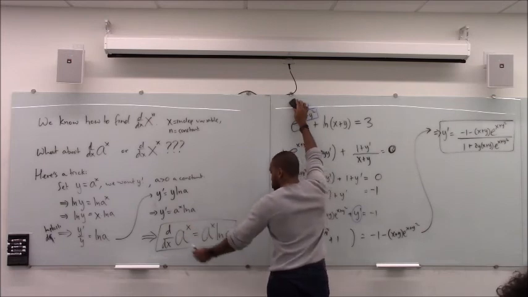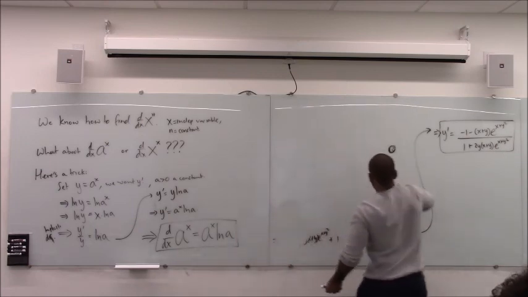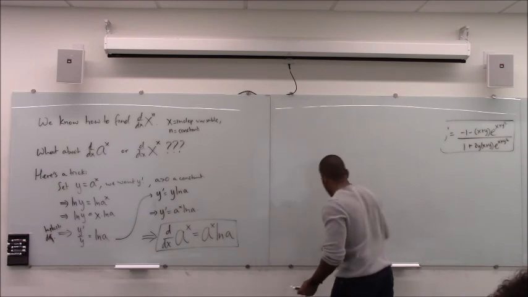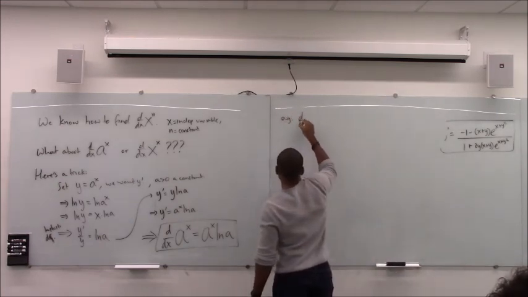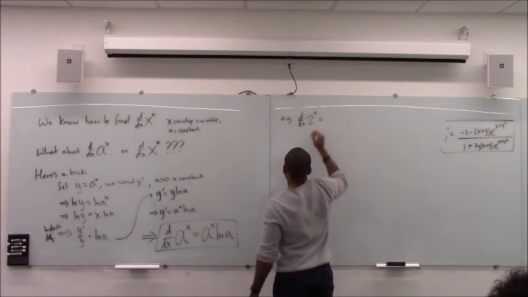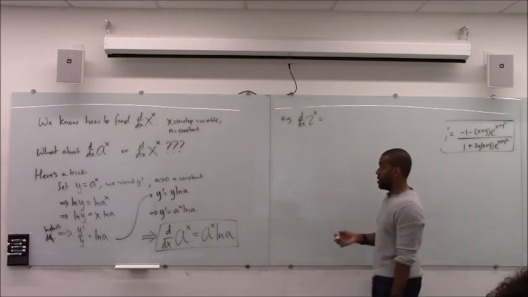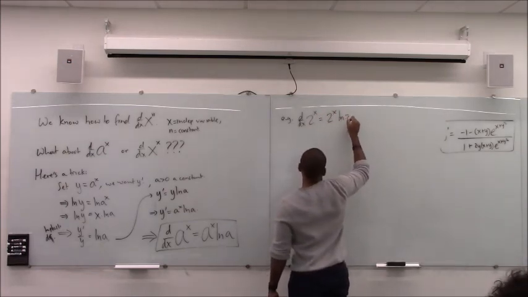So this rule would include e to the x, right? But it actually works more generally than e to the x. So I could do some other number, like 2 to the x. For example, if I ask you to differentiate 2 raised to the x power, it's very different from saying x raised to the second power. The derivative of this one is 2 to the x ln 2.